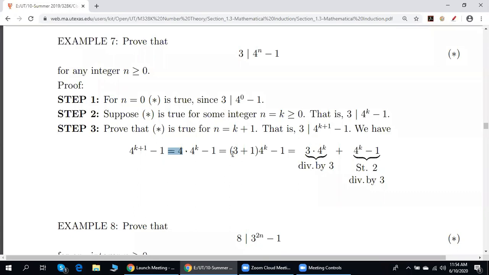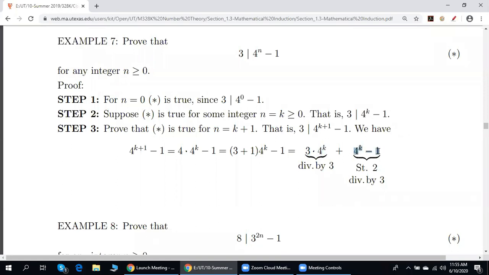Note that 4 is 3 plus 1. Now let us expand parentheses. 3 times 4 to k's power. It's over here. 1 times 4 to k's power is just 4 to k's power. And now, this term is obviously divisible by 3 because it is of the form 3 times integer.